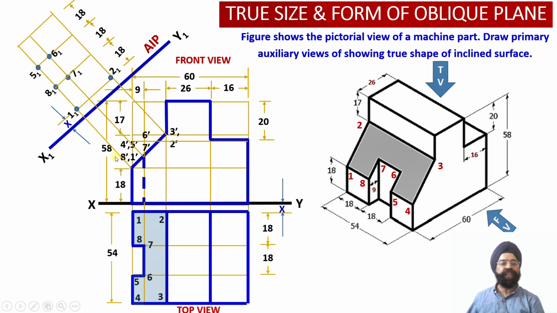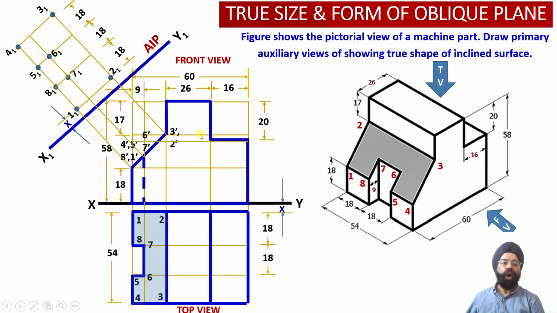On this projector line, as we move a distance of x plus 54 millimeter, we will be able to identify point number 41. Similarly, alongside the projector corresponding to the point 3 dash, as we move up to a distance of x plus 54 millimeter, we will be able to locate point 31 over here.